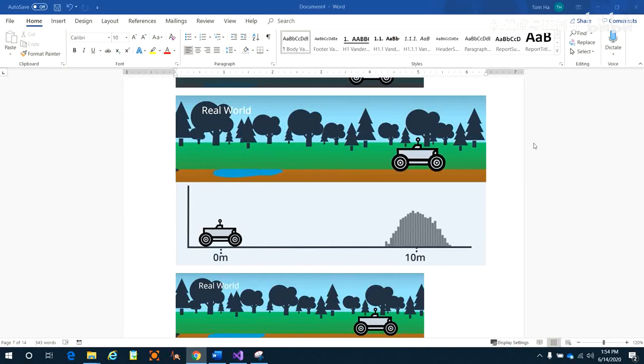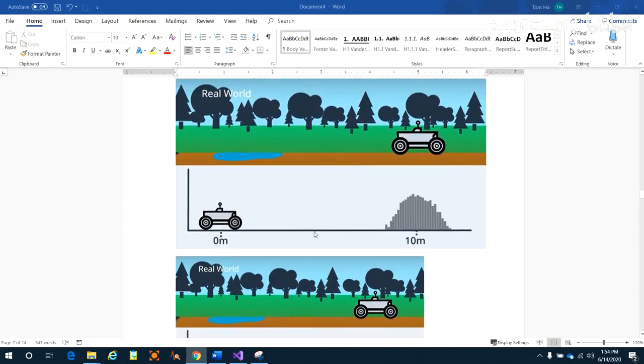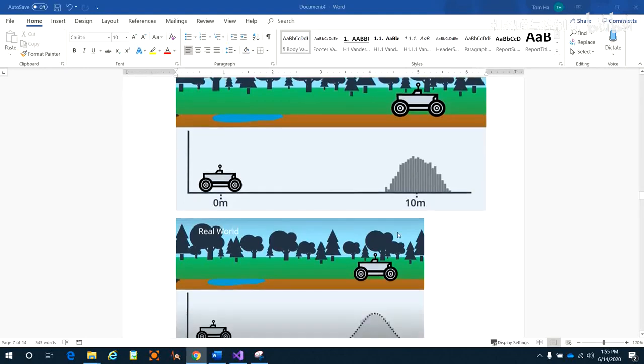It is represented by mu, the mean value, and the covariance. The covariance tells how uncertain it is. The x value right here is the position in meters, but the y value means how often the robot stops at this position.